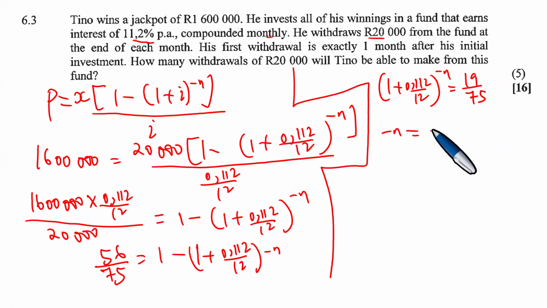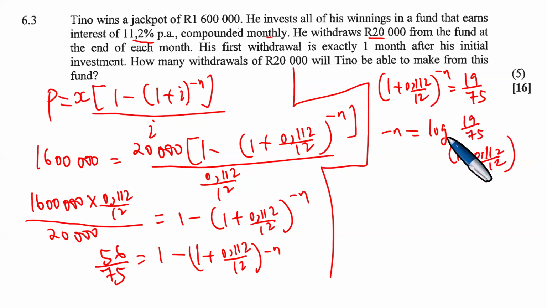Which means minus n is equal to the log of 19 divided by 75 base 1 plus 0.112 divided by 12.